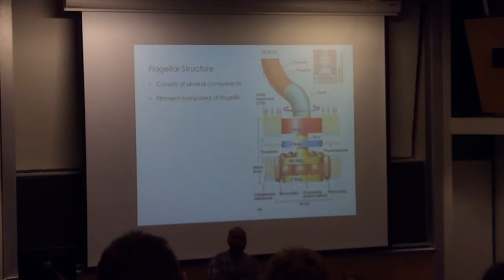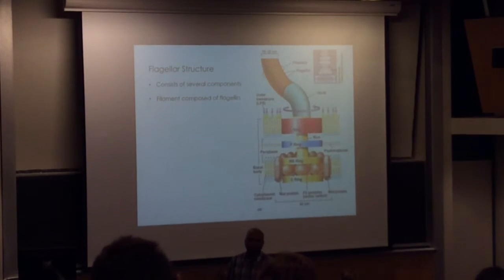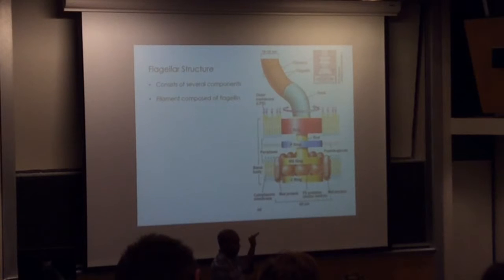Even though your book gives this, and this is what you need to know, you can look in different textbooks or research articles about the flagellum and might see slight variations. It could be because different bacteria are slightly different, or as we learn more about the molecular details, it is not as simple as this.